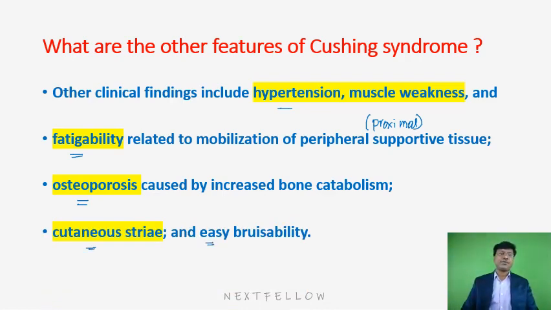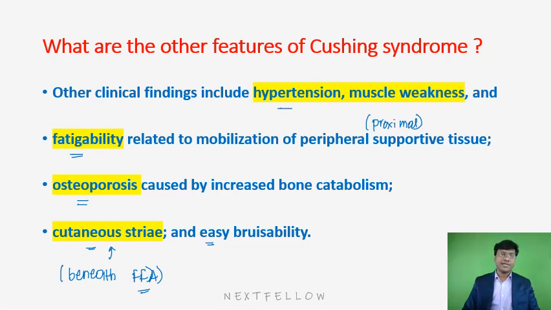So why is it that they have cutaneous striae as well as easy bruisability? That is because when there is excessive steroid production, there is excessive accumulation of fat or free fatty acids beneath the skin. When these free fatty acids are excessively deposited beneath the skin, that will make the skin stretch, resulting in the cutaneous striae.